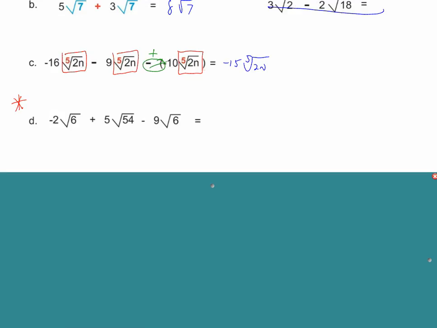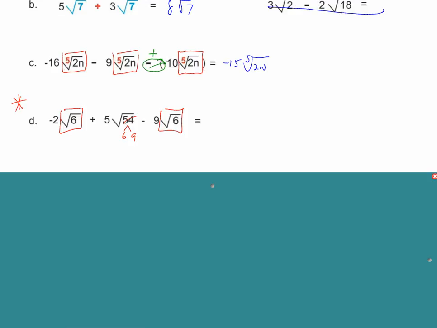So right away you notice, okay, that's a like radical and that's a like radical, but the square root of 54, it isn't. Well, is it? Because you always have to look to simplify. So if we go to simplify, the square root of 54 happens to be a 6 times 9.